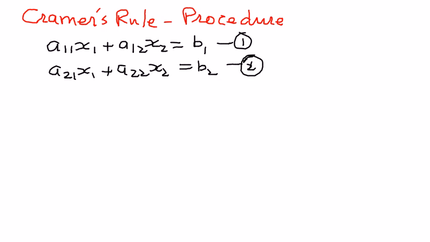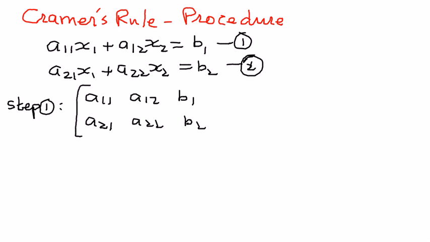We can write the augmented matrix for this particular system of linear equations. To write it as an augmented matrix, we can pick the coefficients of the variables x1 and x2 and write them out in a matrix format in this manner: a11, a12, and then b1 is the constant term, and then a21, a22, and then b2, and we put them in brackets and put a dividing line between the constant terms.